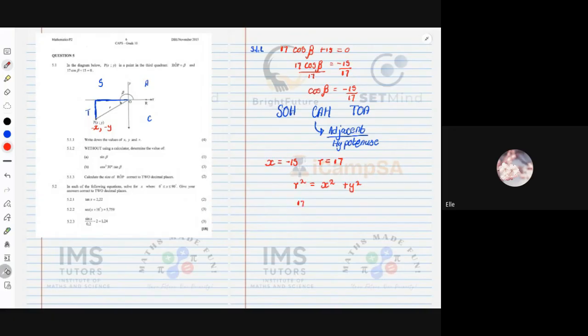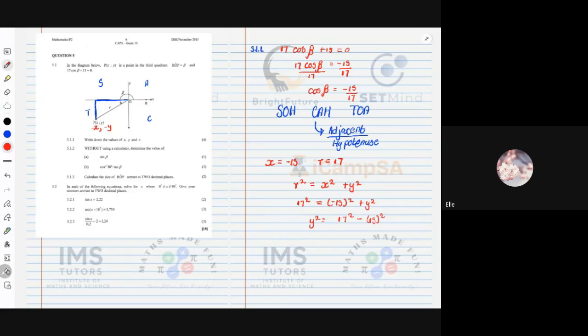So 17 squared is equal to minus 15 squared plus y squared. So y squared is equal to 17 squared minus 15 squared.